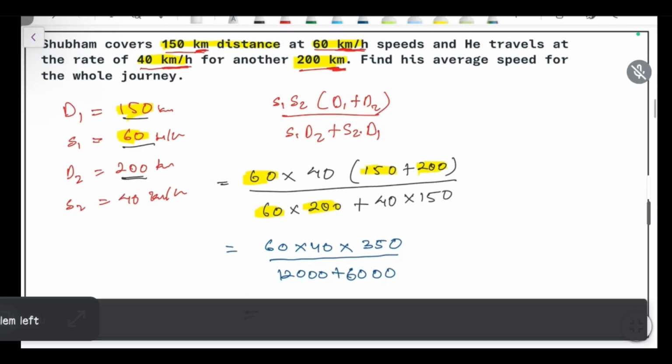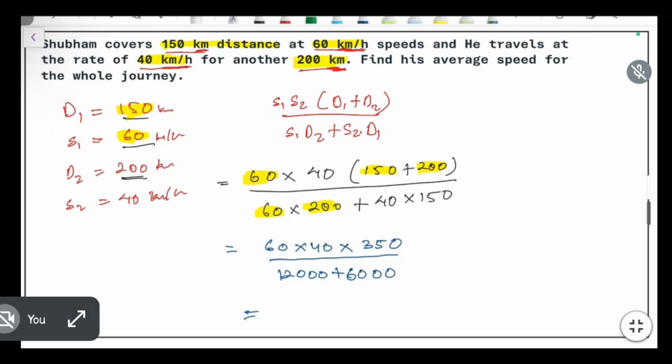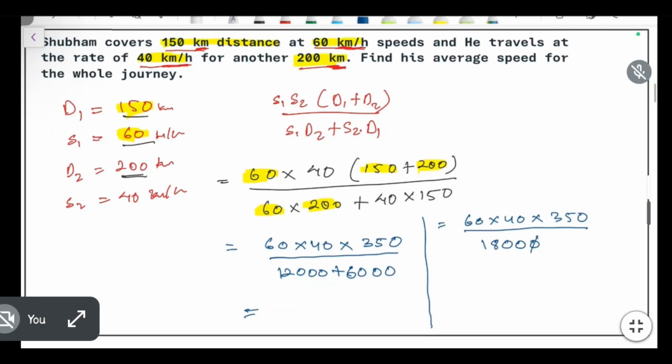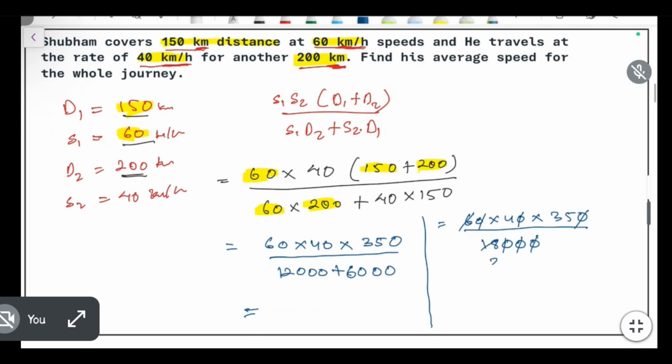Let's find the denominator here. So I can write this as 60 into 40 into 350 divided by 12,000 plus 6,000, which is nothing but 18,000. So the zeros cancel. 6 3s are 18.